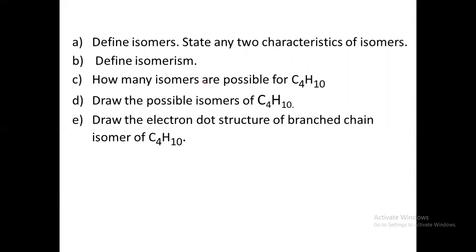So we'll discuss one by one. Define isomers. You can expect a definition for isomers, specifically structural isomers, because you're studying only structural isomers. So define what are structural isomers.